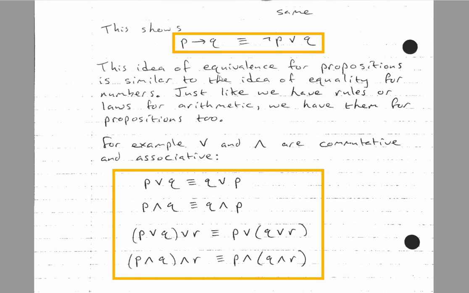The idea of equivalence for propositions is similar to the idea of equality for numbers. And just like we have rules or laws for arithmetic, we also have them for propositions.